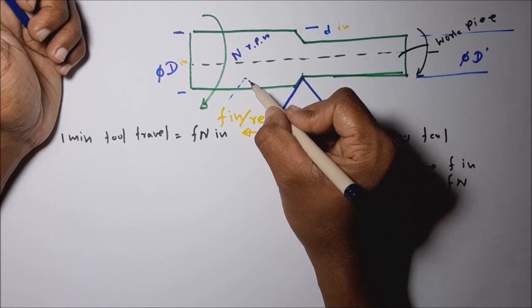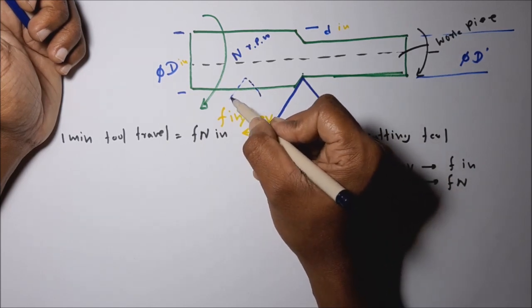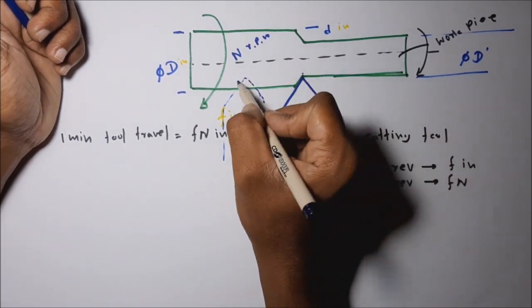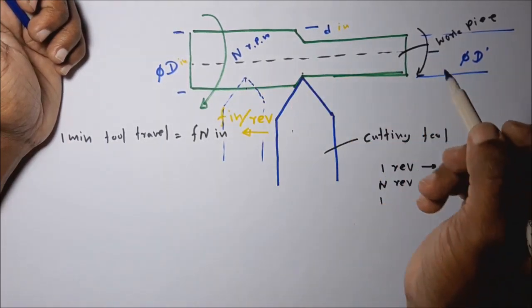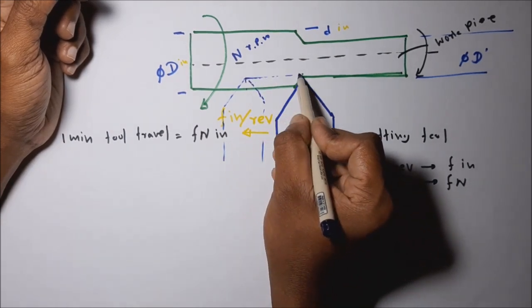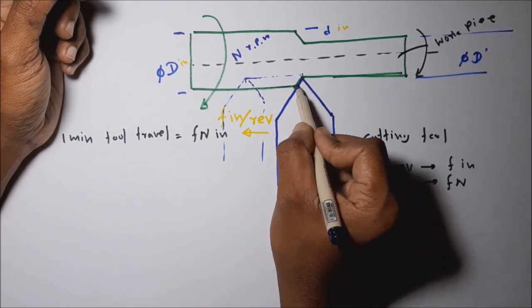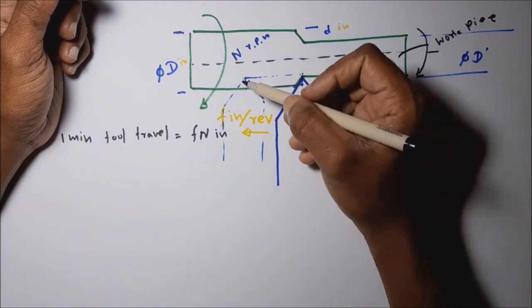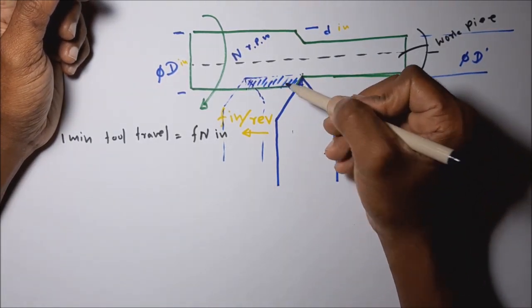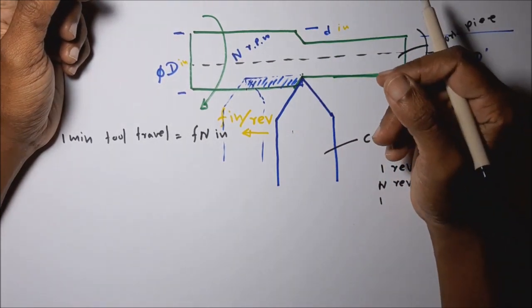After 1 minute period, the tool will come to this kind of position. Then you can see what is the volume of material removed in this 1 minute period. You can see this kind of ring shape volume removed from the workpiece, no? The diameter is reduced on both sides.